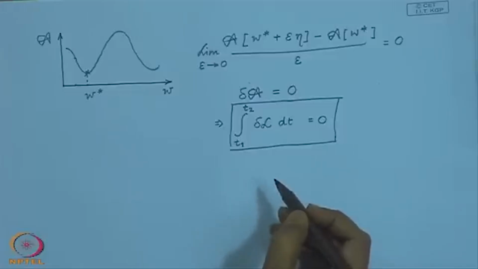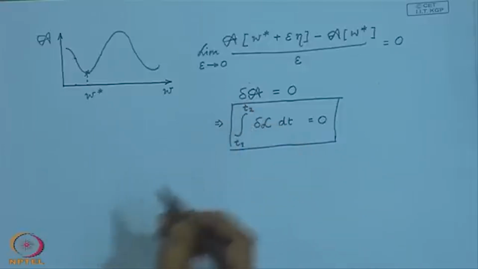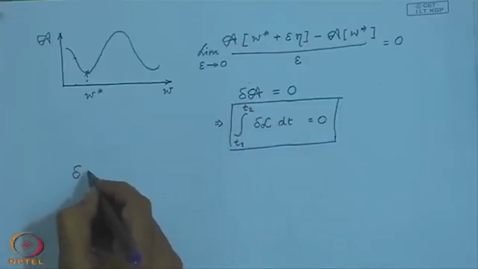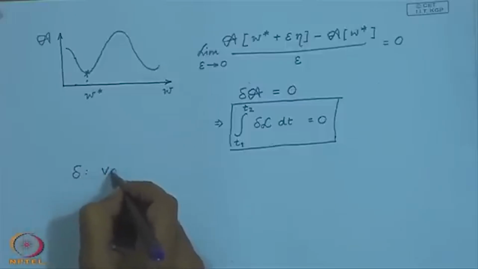Now, what is this delta? Delta is known as the variation operator.